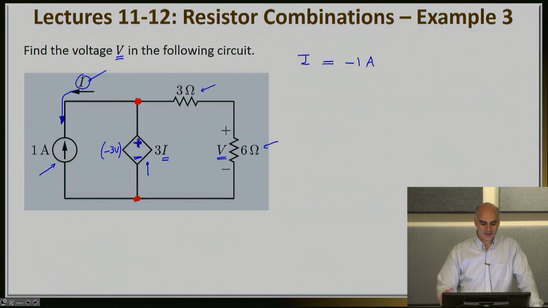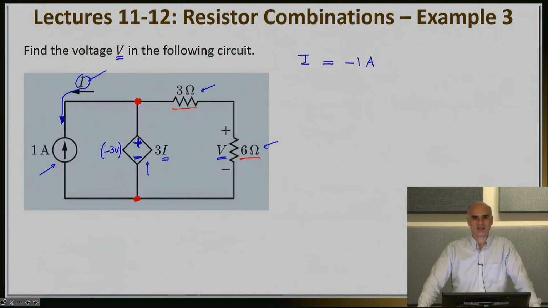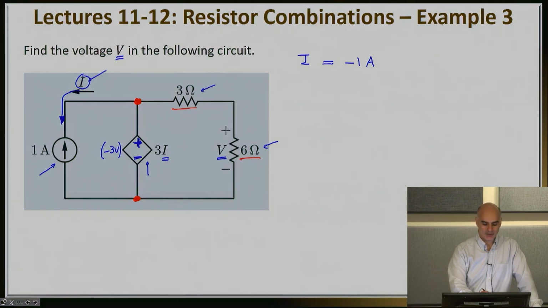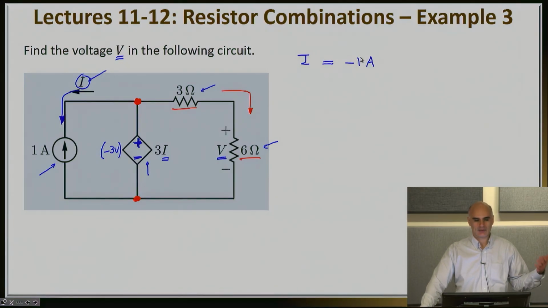Now the 3 ohm resistance and the 6 ohm resistance are connected in series. Why? Because the current is exactly the same through both of them. Any current through the 3 ohm resistor must flow and continue through the 6 ohm. That means I am allowed to go ahead and apply voltage division.